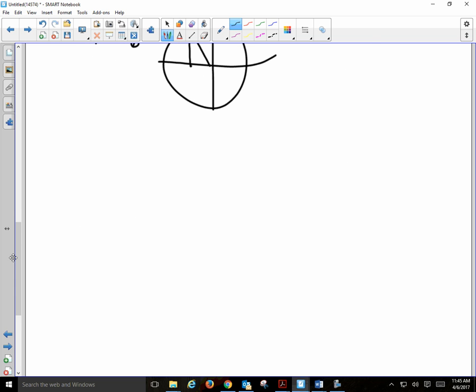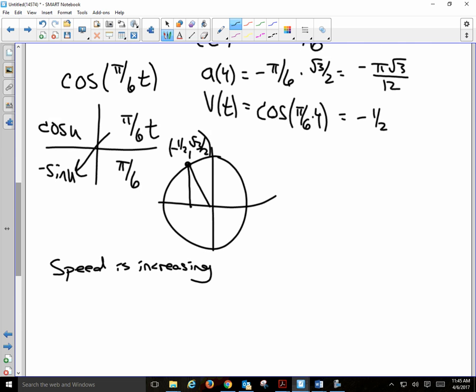So we say speed is increasing because A of 4 and V of 4 are the same sign.